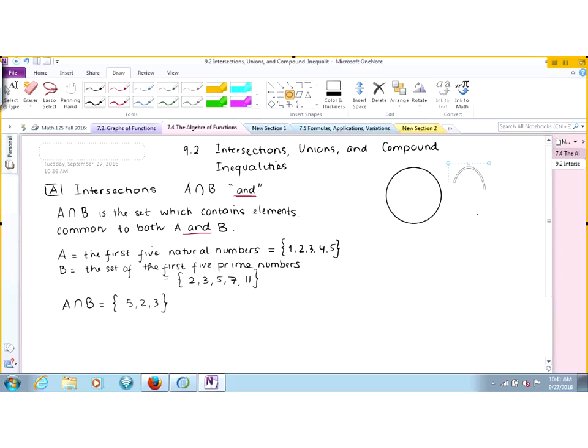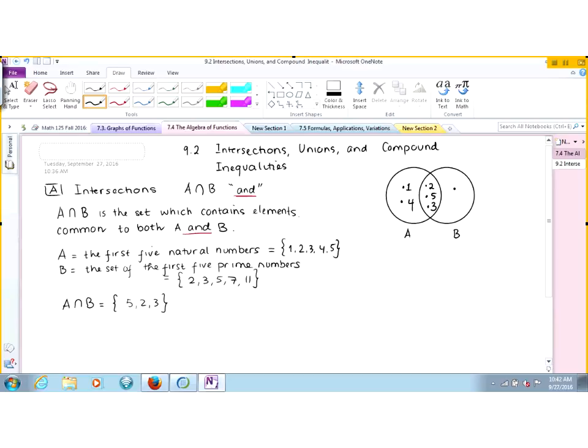If this is A, and this is B, and the intersection will be in the middle, which is 2, 5, 3. And in A, I have 1 and 4.